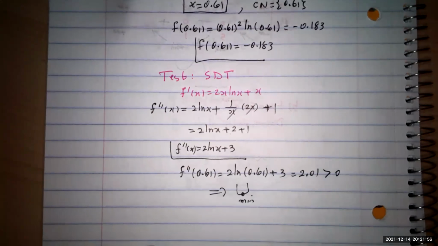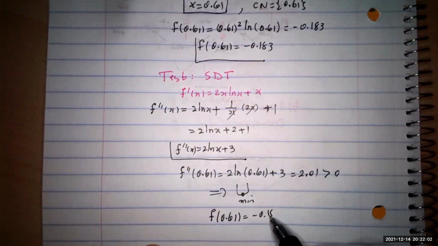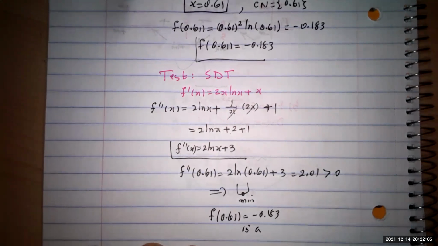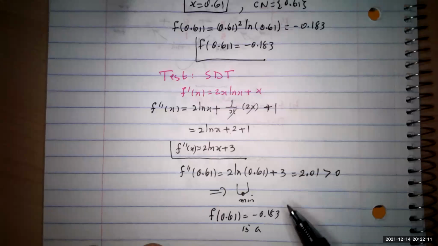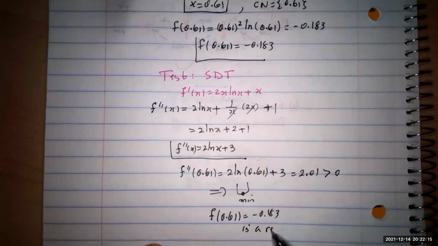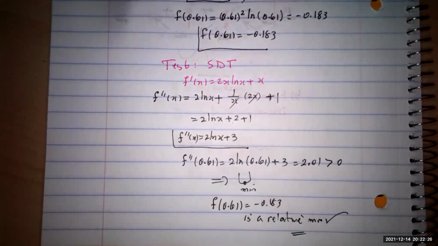So f of 0.61, equal to negative 0.183, is a relative, in fact an absolute minimum, because this is the only minimum you have. But since they ask for the max and the min, we can say that this is a relative minimum for the function. So that would be the second derivative test.